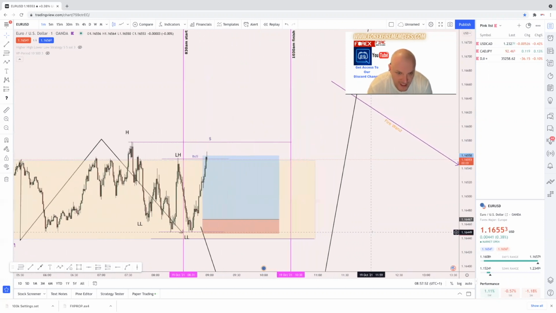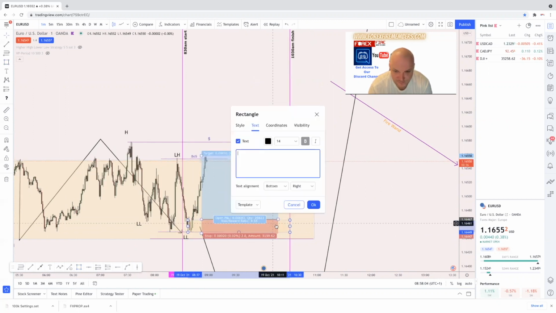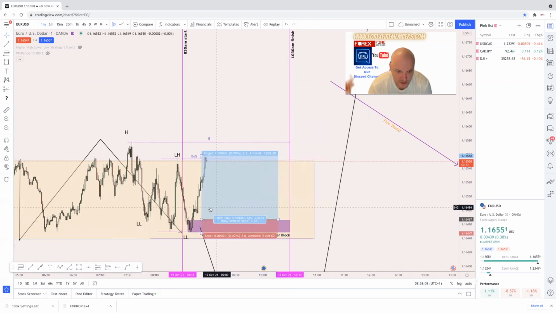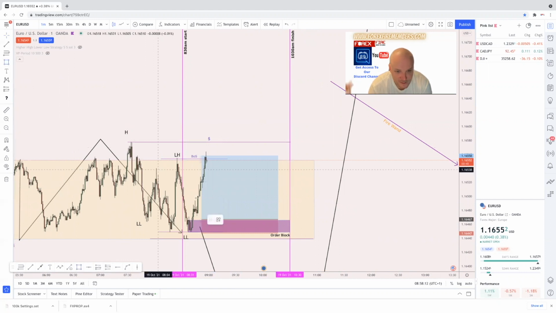So what you've got there is an order block here. Obviously, there's an order block there, but you also have one residing here. Okay, last down before the up.